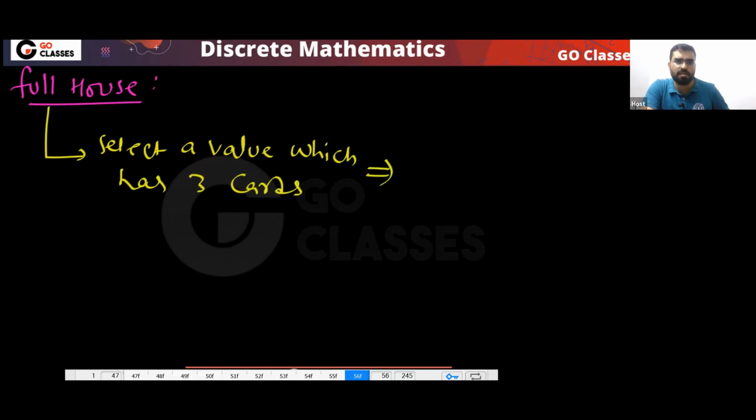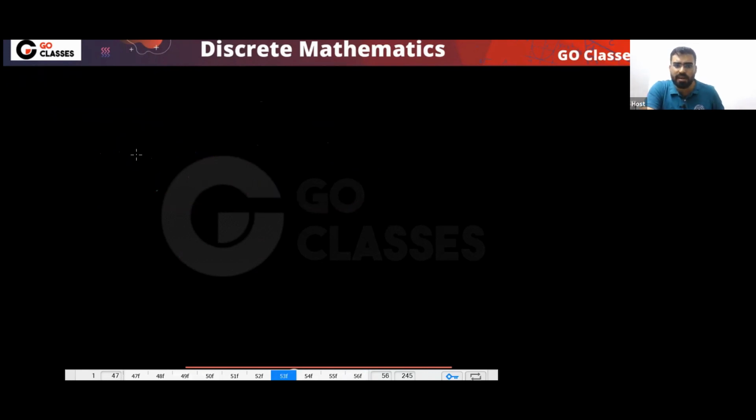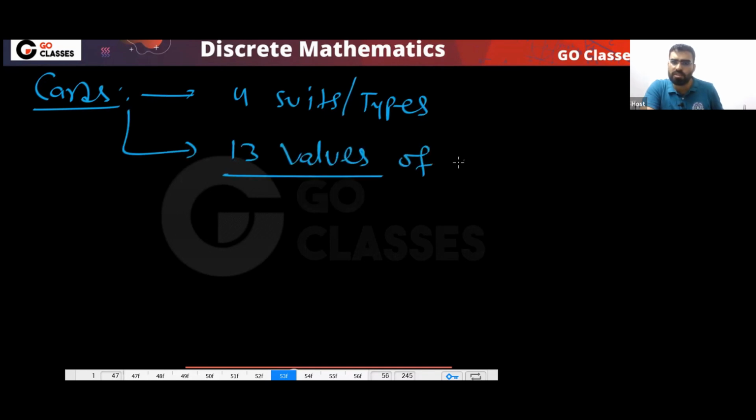How many ways to select a value which has 3 cards? 13C1. In a cards game, there are 4 suits or types, and each suit has 13 values.